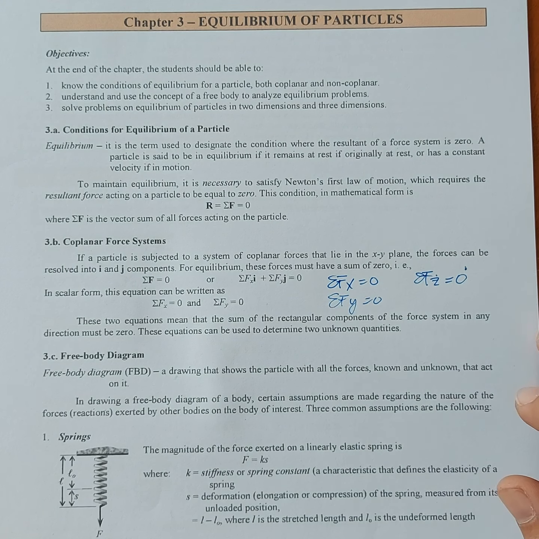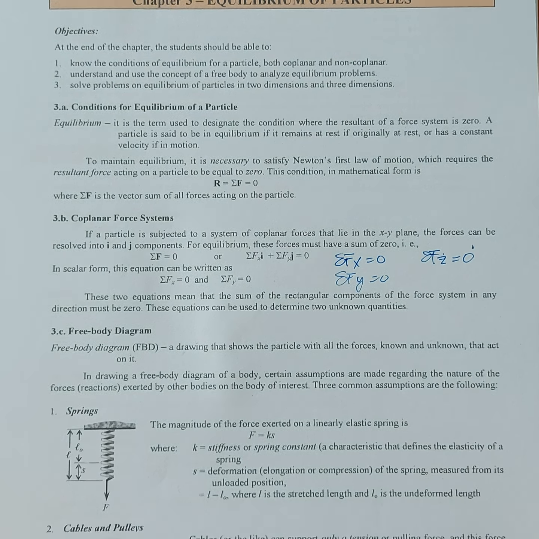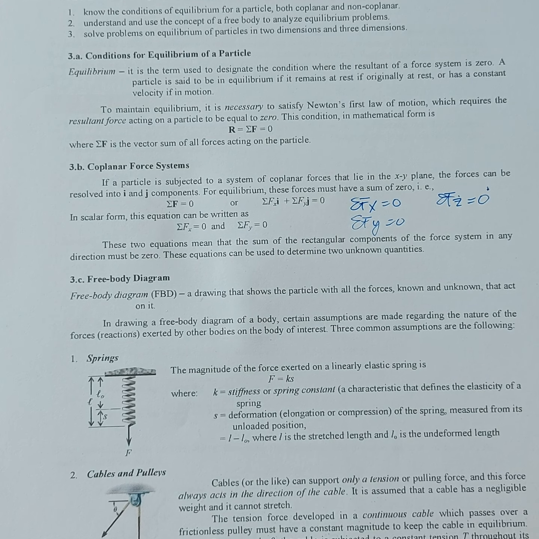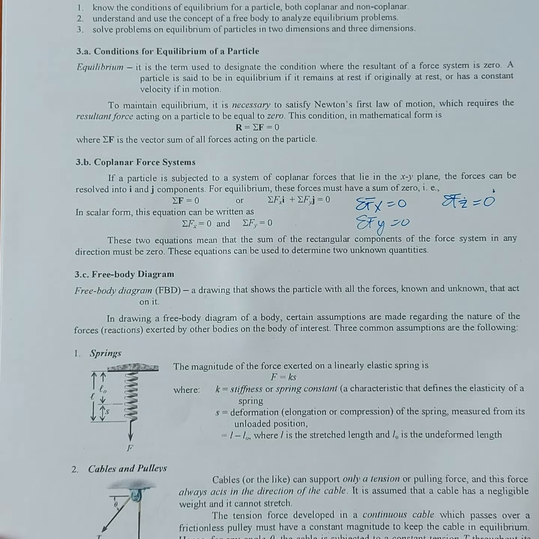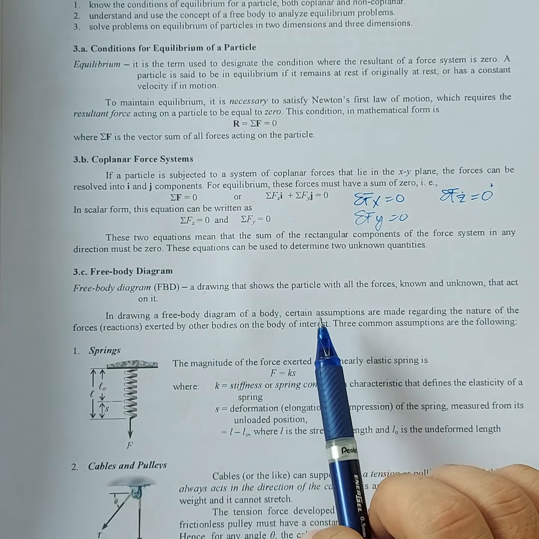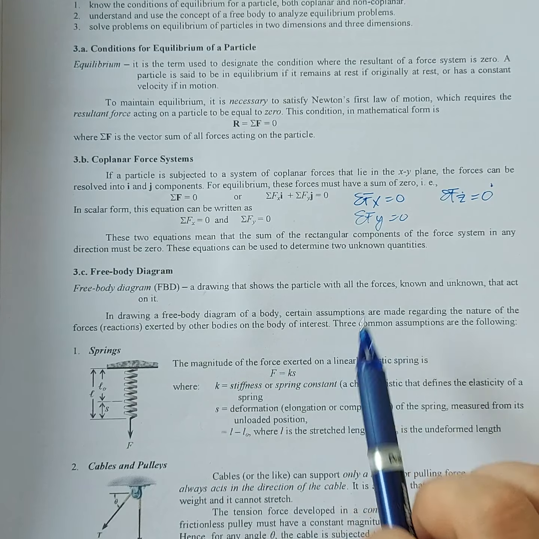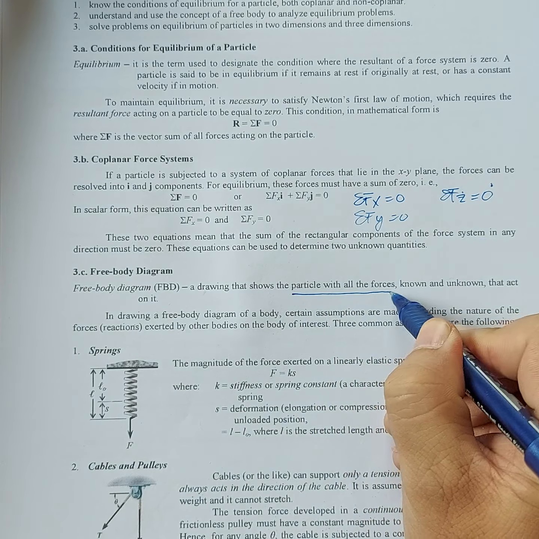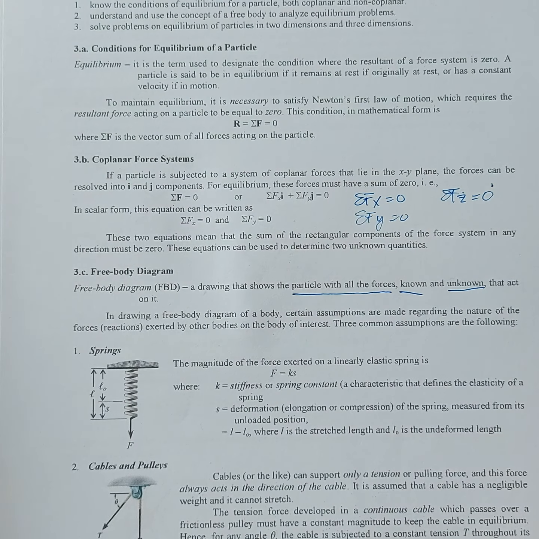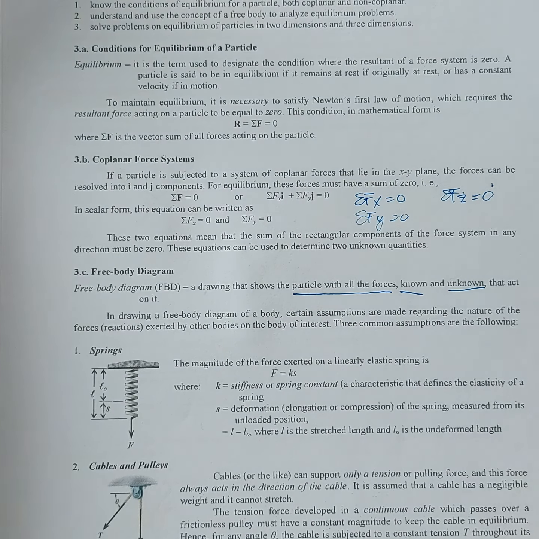Okay. So next, we discuss the concept of drawing free body diagrams. So a free body diagram, or FBD, is a drawing that shows the particle with all the forces, known and unknown, that act on it. So we draw that. We're going to simplify.